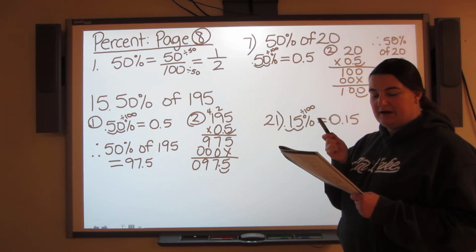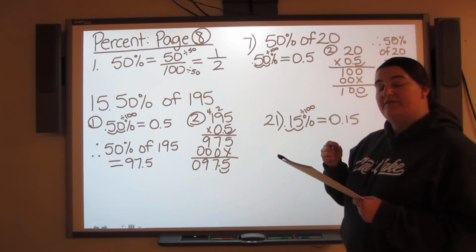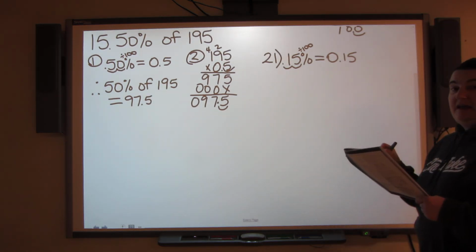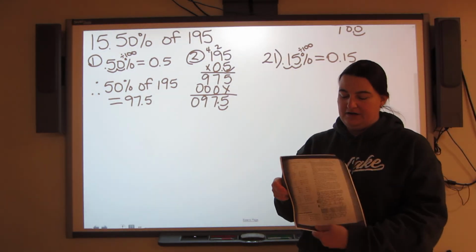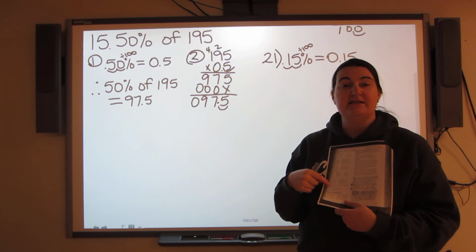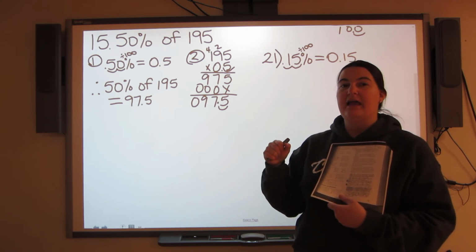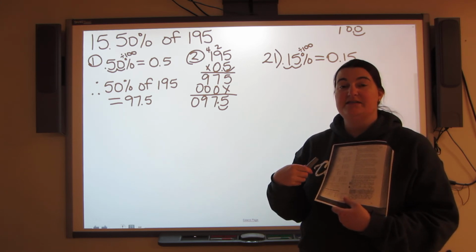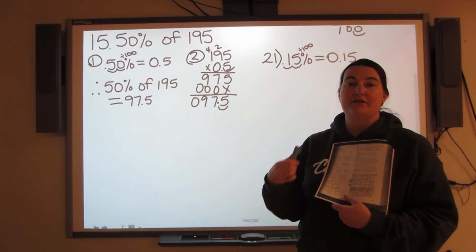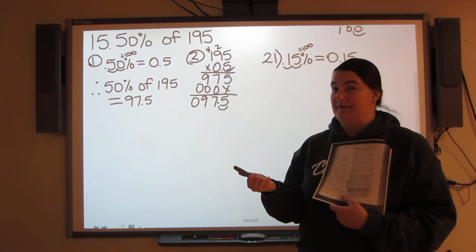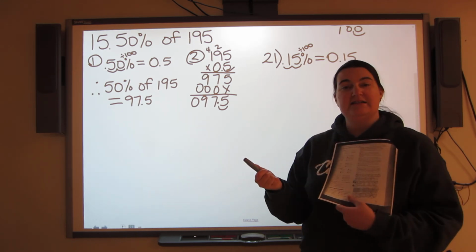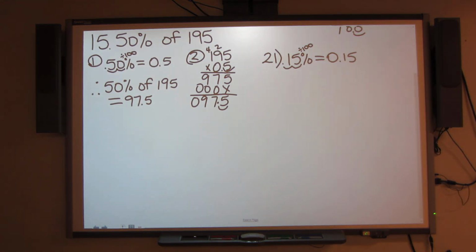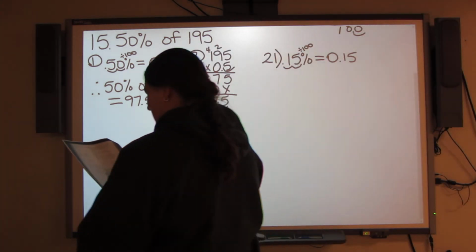And then number 38 looks very similar to what we saw on the last page, where you have to figure out 2 different percents of 2 different numbers and find out, are they the same or are they bigger, which one's smaller, that kind of thing, and then replace it with either an equal sign or the greater than or less than symbol. So I'm going to check to see how much time we have left. And we have 3 minutes, which should be exactly enough time. So number 38.